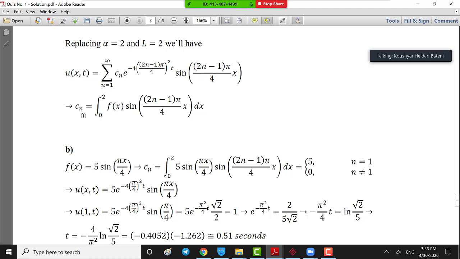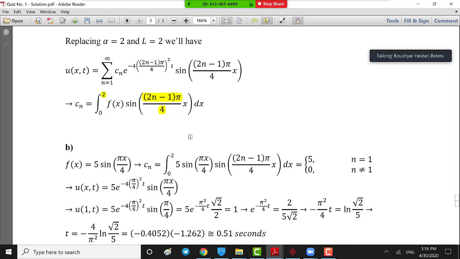And Cn is the integration from 0 to 2, because this is equal to L, of f of x sine of (2n minus 1) pi over 4 x, the integration with respect to x.